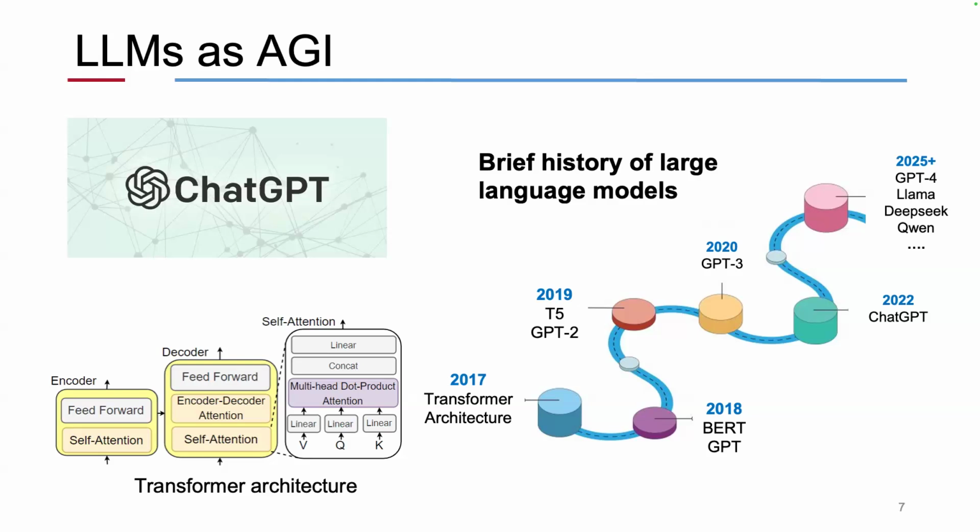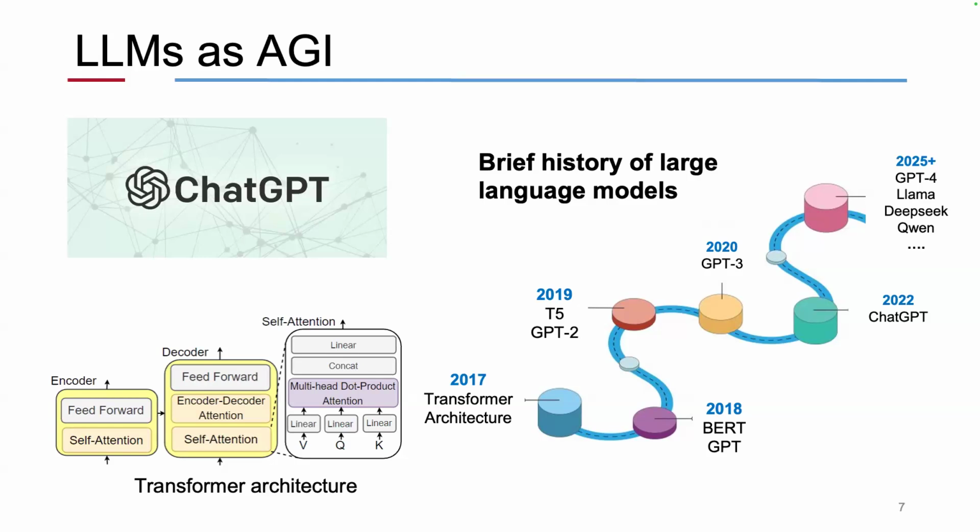Starting with that paper, over the years many language model architectures have been developed. In 2018 we got BERT and the original GPT. Then in 2019, we got the T5 model and GPT-2, and in 2020 we got GPT-3.